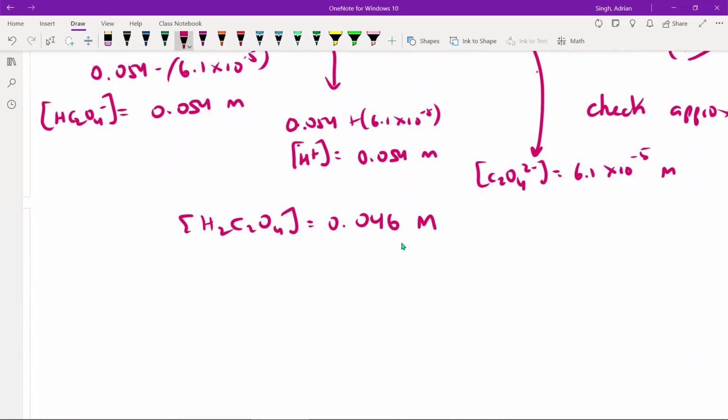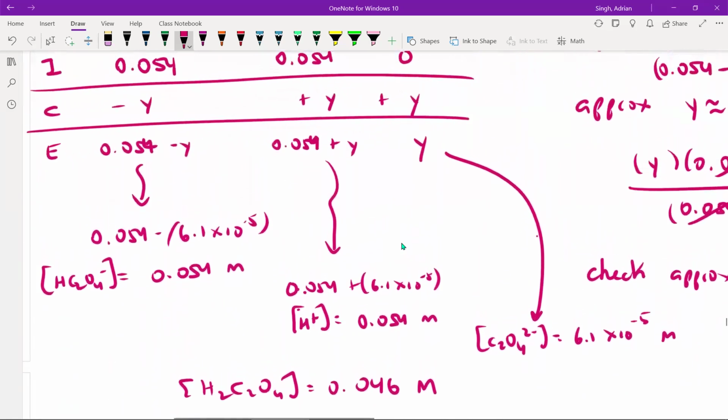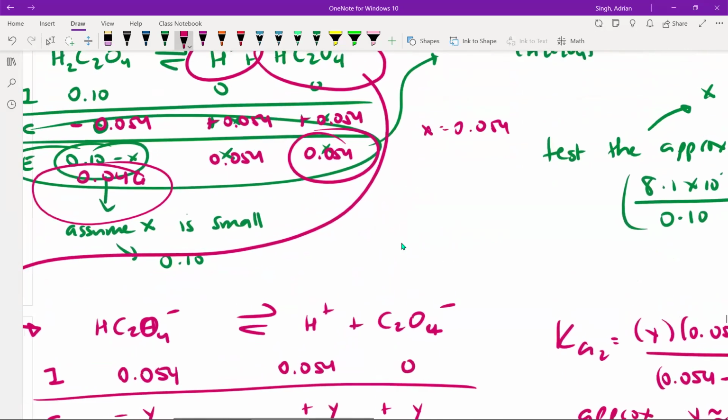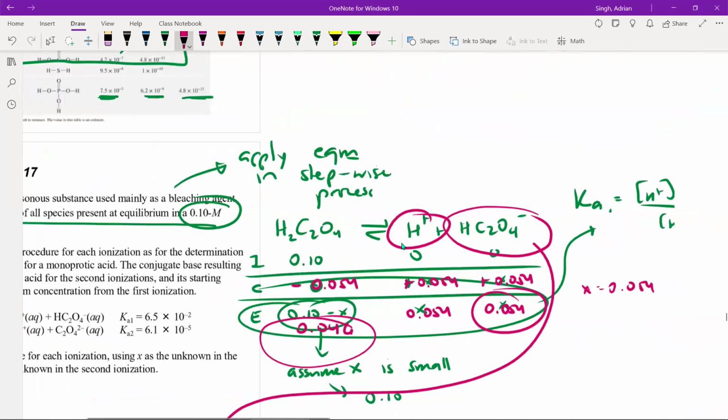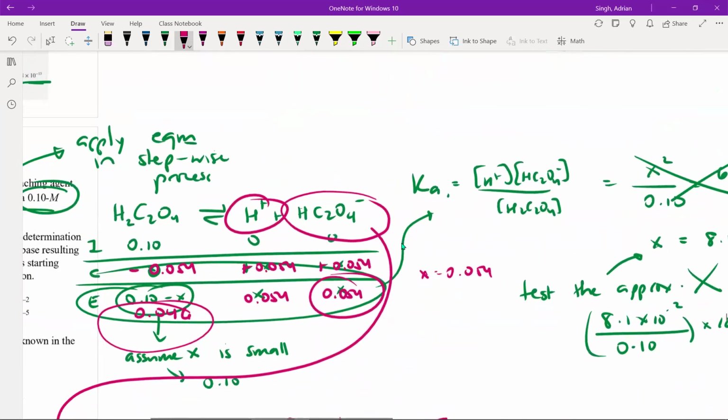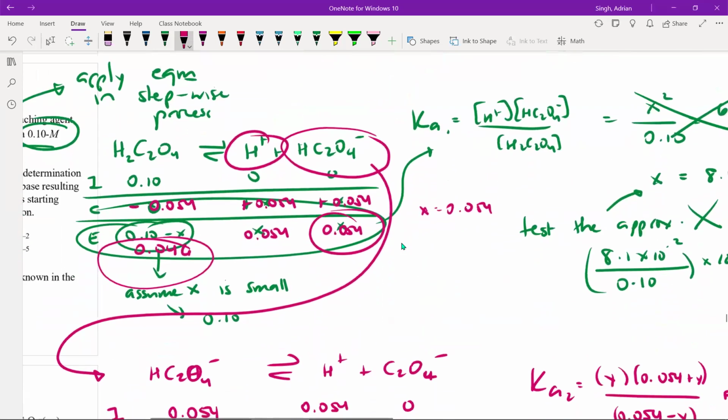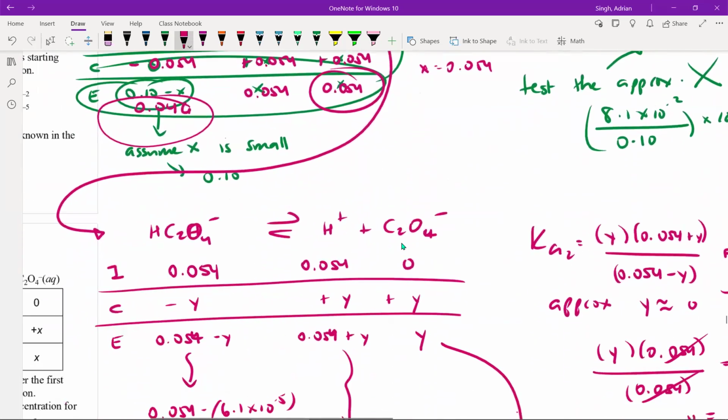So even though we have a diprotic acid, we can still calculate the concentrations of all of the species, but you need to do it in a stepwise process, right? Applying the equilibrium principles to each of the steps, and then the product of the first step becomes the reactant for the second step, and we're doing the same equilibrium stuff on it.